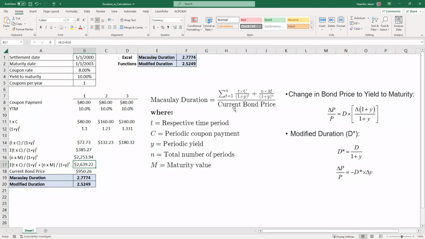So all we need to do is find the current bond price so we can then divide it. So current bond price is just present value. This is the Excel way to do it. I strongly suggest you practice this in your financial calculator, but all you're doing is getting the present value of a bond using the time value of money functions. So you want to practice this on your calculator.